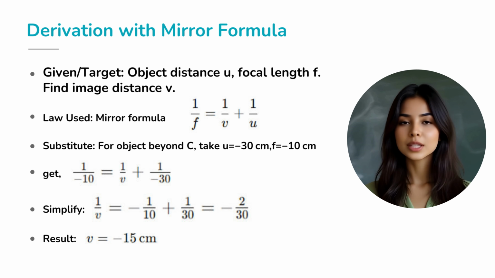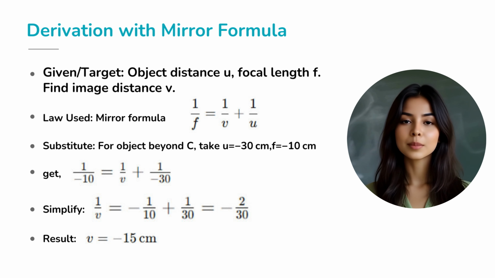Alright, time to bring in the maths to check our story. The mirror formula is 1 by F equals 1 by V plus 1 by U. Suppose our object is 30 centimeters away from the mirror, so U equals minus 30 and the focal length F is minus 10. Substituting, 1 by V equals minus 1 by 10 plus 1 by 30.